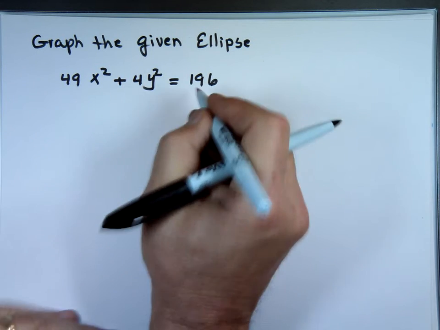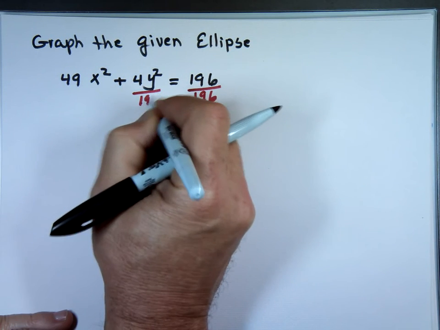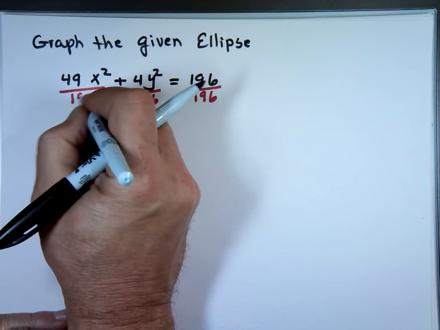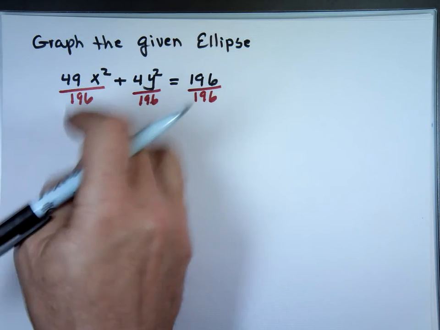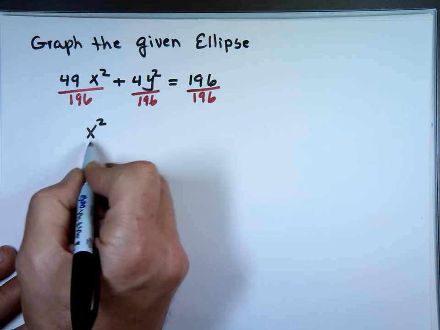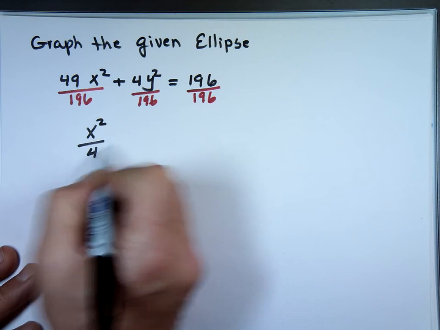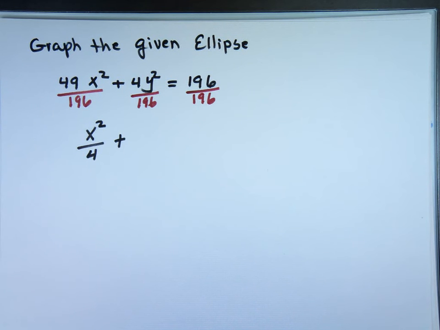So it might look different. 49 into 196, how many times? 4 times, is it? Yeah. And 196 divided by 4, what's that number? 49?